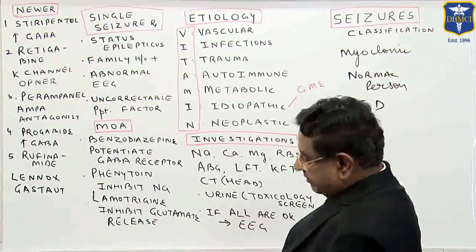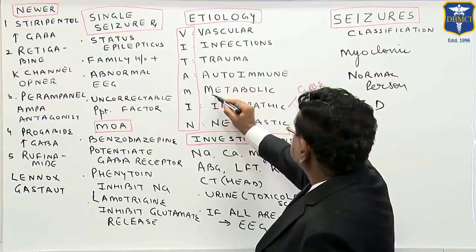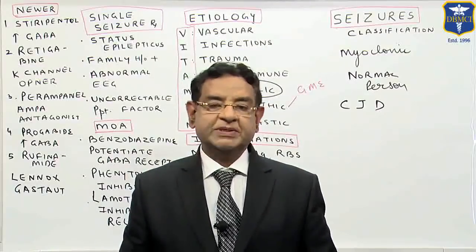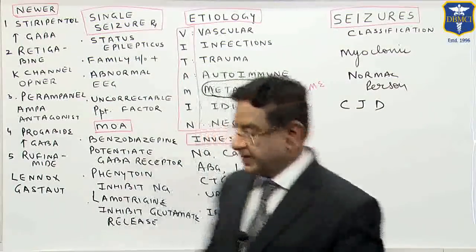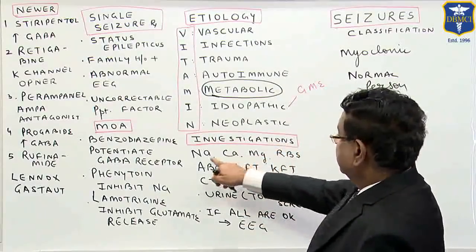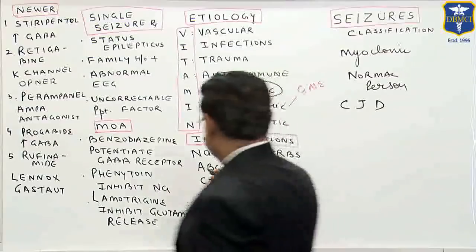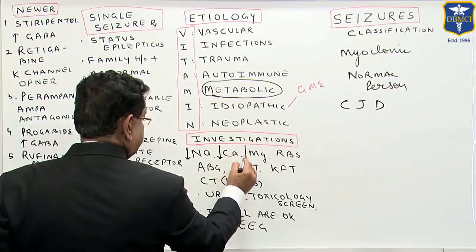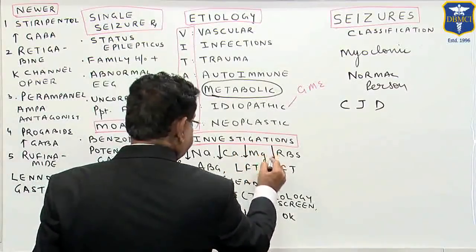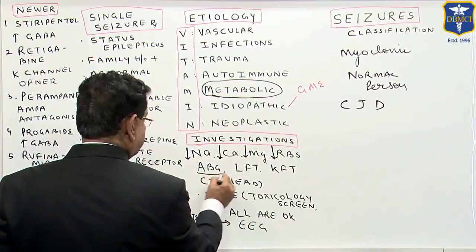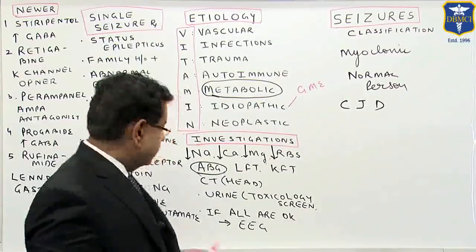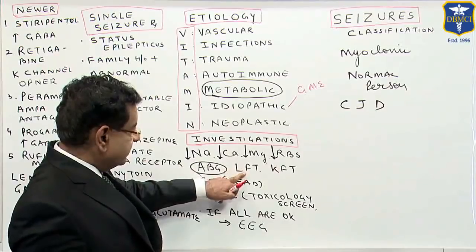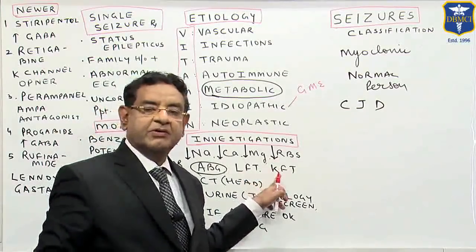Now one more thing regarding metabolic. There are many metabolic disturbances which can produce a picture like seizures, like hyponatremia, hypocalcemia, hypomagnesemia, hypoglycemia, or hypoxia, hepatic encephalopathy, and renal failure.